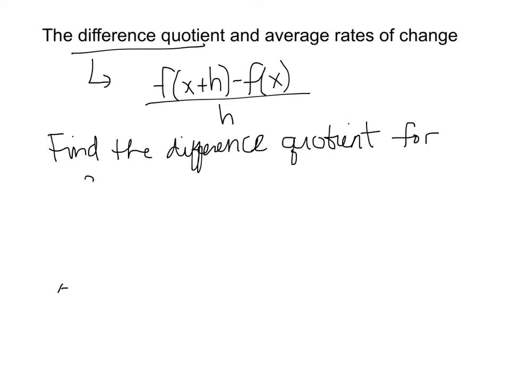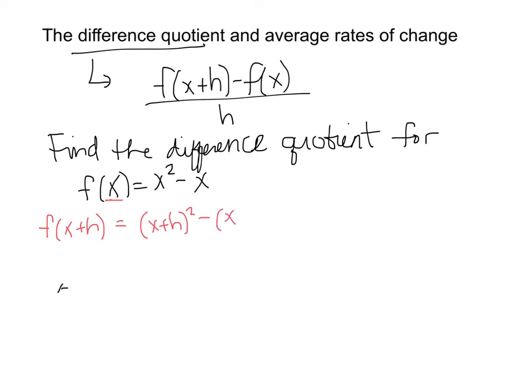Find the difference quotient for f of x is equal to x squared minus, we'll go with x in this case. So one of the first things I like to do is I like to think about what is f of x plus h. And the idea with f of x is f of x takes its input, it squares it, and then it subtracts off the input. So when we try to evaluate f at x plus h, we take x plus h and square it, and then we subtract off the input, which in this case is x plus h.